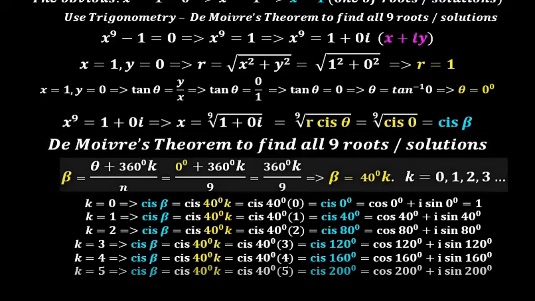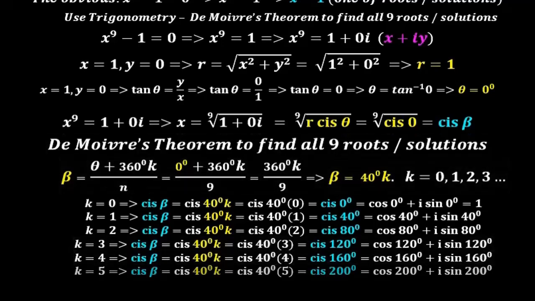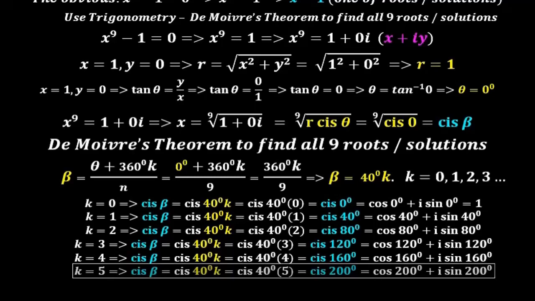When k equals 5, cis beta is equal to cis 40 degrees k. k is 5, so this is cis 40 times 5, which is cis 200 degrees, which is cosine 200 degrees plus i sine 200 degrees.